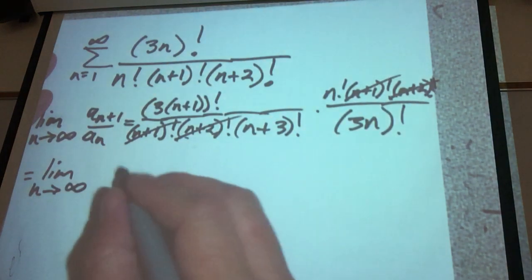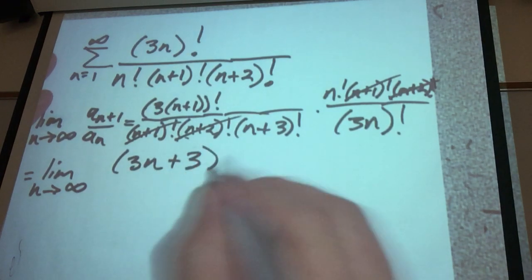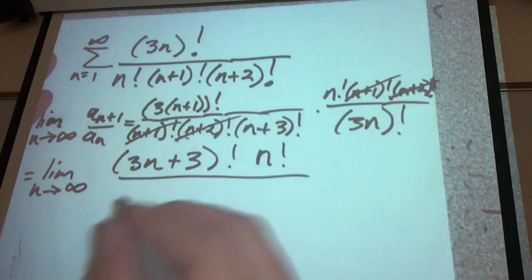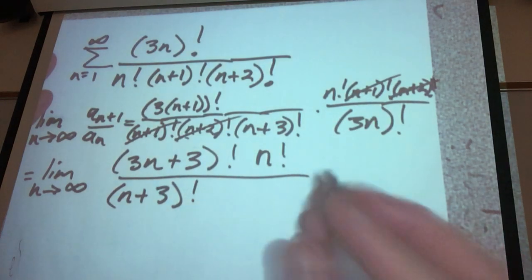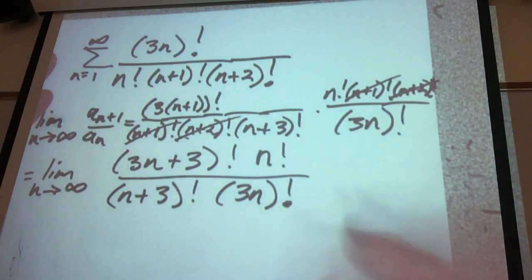That would be 3n plus 3 factorial, times n factorial, divided by n plus 3 factorial, multiplied by 3n factorial.